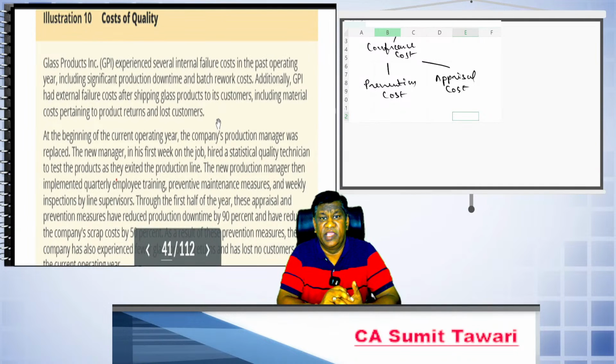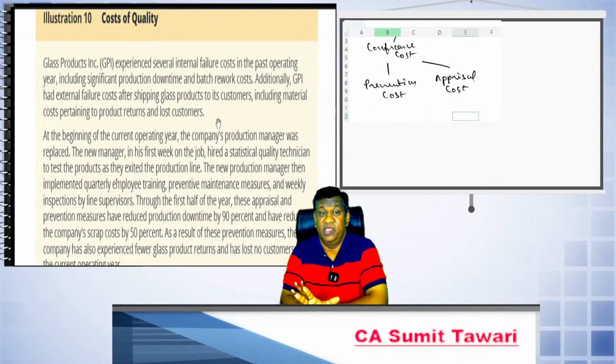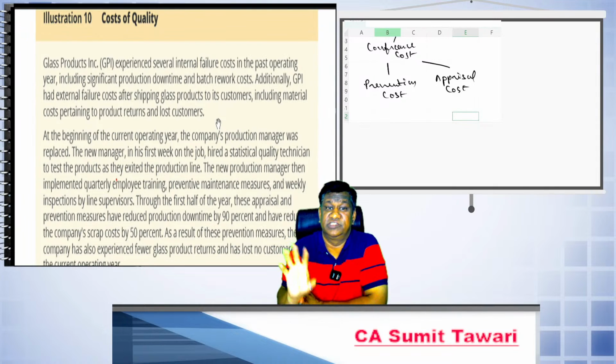Glass Product Inc. experienced several internal failure costs in the past operating year, including significant production downtime and batch rework cost. Additionally, GPI had external failure costs after shipping glass product to its customers, including material costs for product returns and lost customers. So their non-conformance cost is very high.